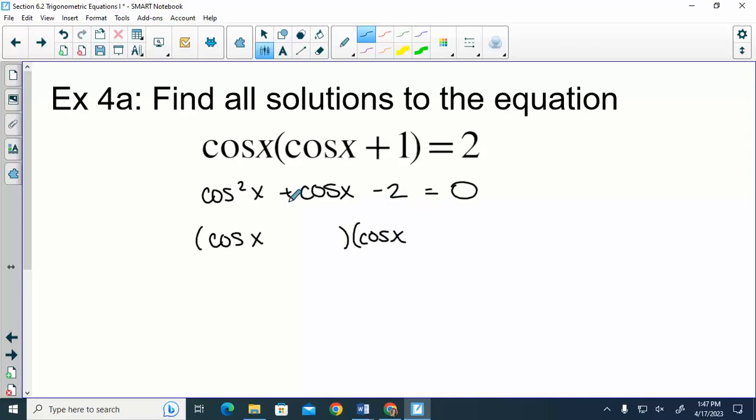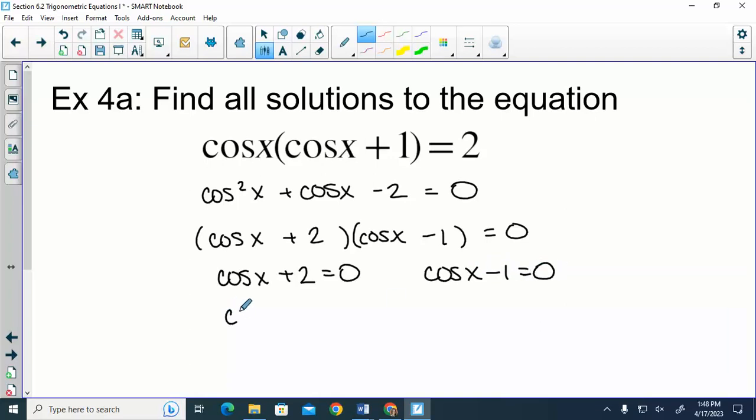Multiply to a -2 and add to +1. +2, -1. Cosine x equals -2. When is cosine negative?